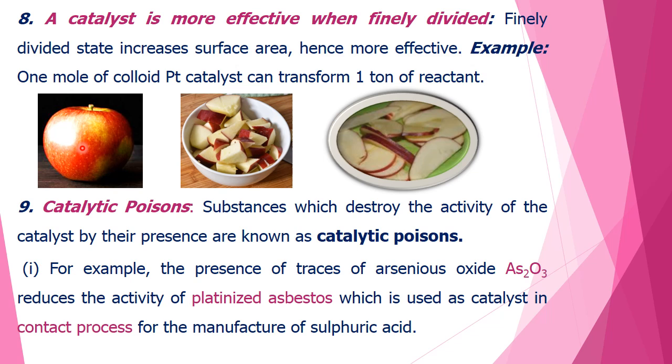Catalytic poison: a substance which destroys the activity of the catalyst by its presence is known as a catalytic poison. So it hinders the property of the catalyst.